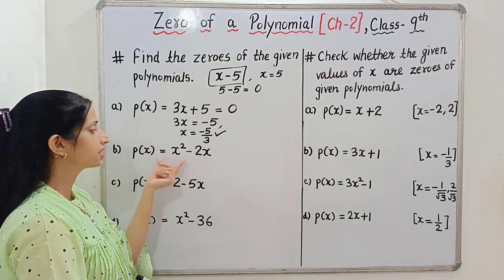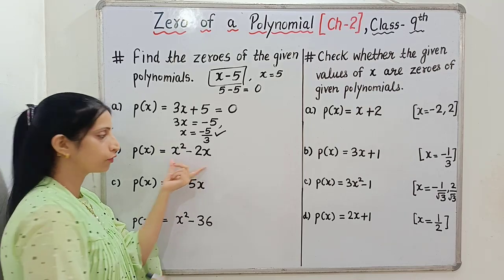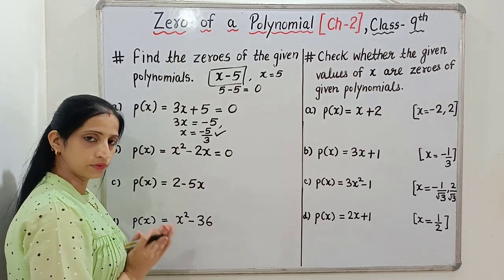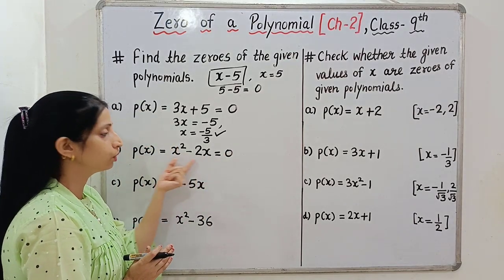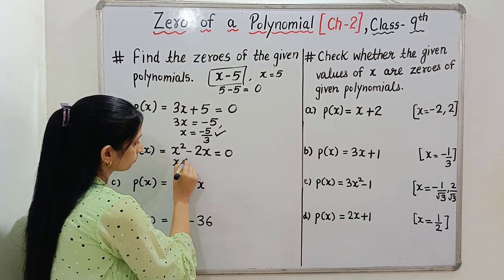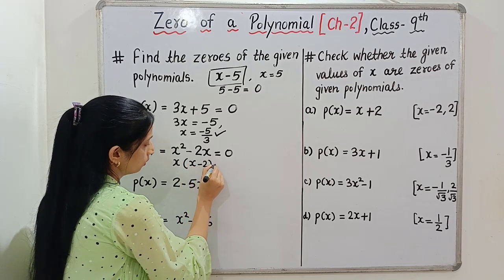Now moving to the second question. The polynomial given is x square minus 2x. Again the same step we will follow. First we will put it equal to 0. Now we have to find out the value of x. We can take x common, and we are left with x here and we are left with 2 here.